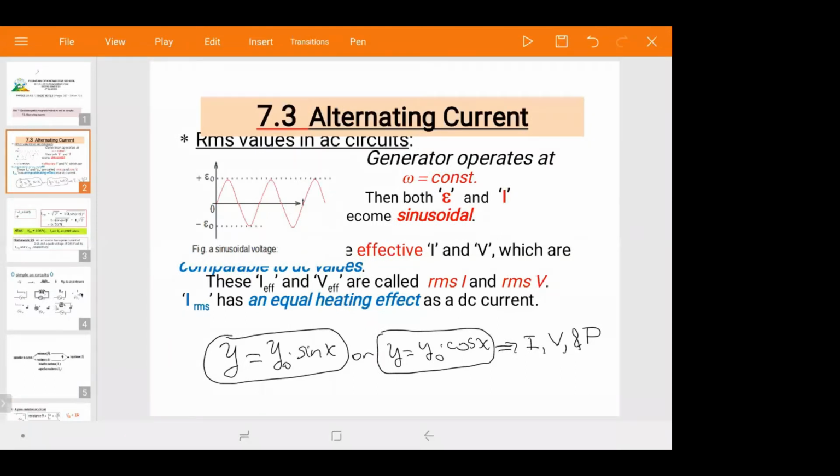I told you, it is a current that has an equal heating effect as a DC current. In the same way, the voltage as well. So since current is sinusoidal and is changing in magnitude continuously, how do you get effective current?